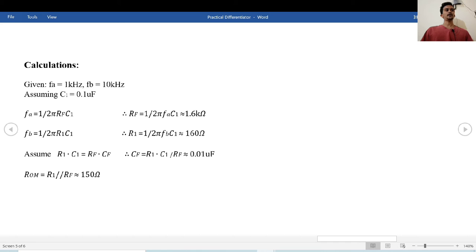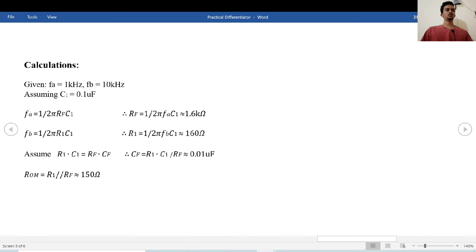And FB is equal to 1 by 2 pi R1 into C1, so R1 becomes 160 ohm. Assuming that R1 into C1 is equal to RF into CF, from this we get the CF value, which is 0.01 microfarad.